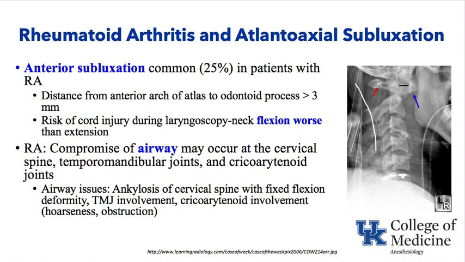If it's really bad, they've had rheumatoid arthritis for a long time, they may need a cervical spine X-ray in the flexed position to look for that anterior subluxation. Check their TMJ joints, and if they have hoarseness, they may have cricoarytenoid involvement. And all of these things are associated with rheumatoid arthritis and may make airway management more difficult.